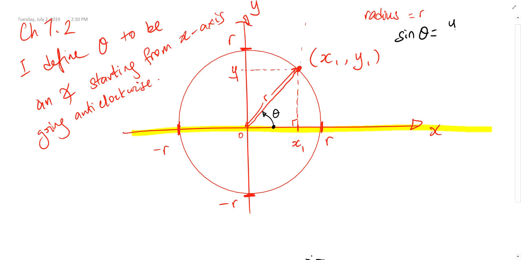Y1. Y1 divided by R, which is the hypotenuse, right? What about cosine theta? X1 over R. And our tangent theta? Tangent, opposite first. So Y1 over X1.